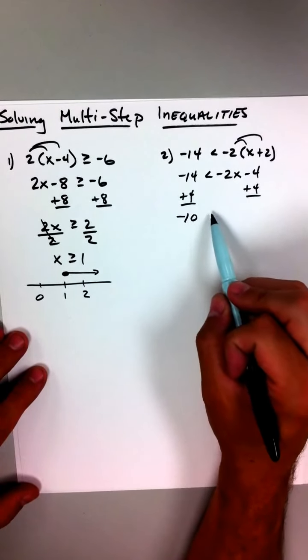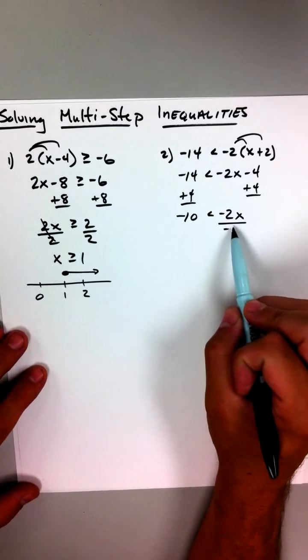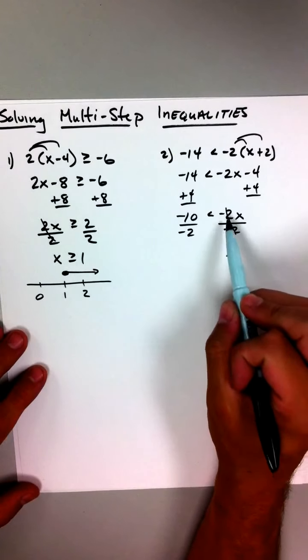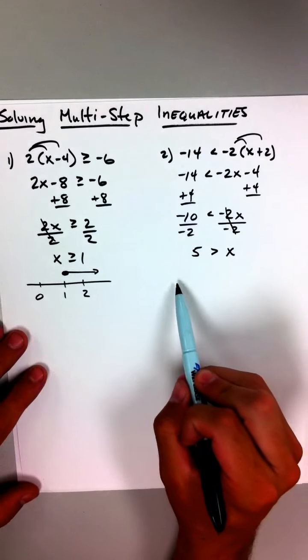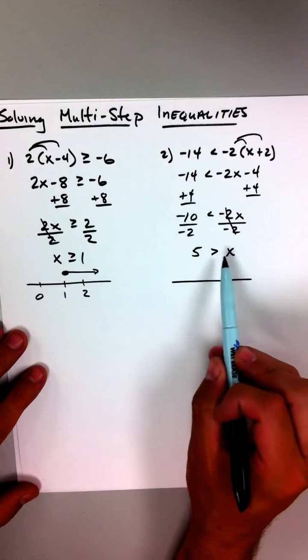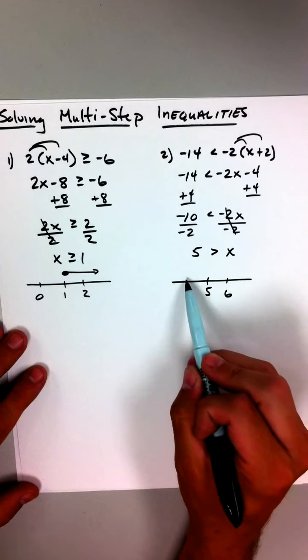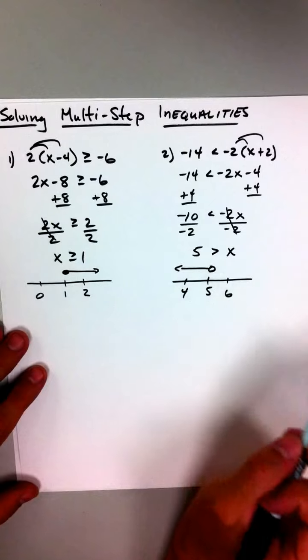So I get negative 10 less than negative 2x. And divide by a negative 2. Okay, so now you have to remember, dividing by a negative, switch your sign. So if I say it with the variable first, x is less than 5. So open circle, and arrow goes in that direction.